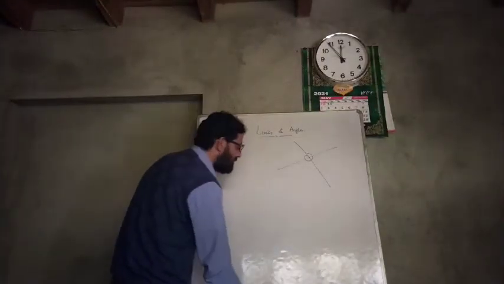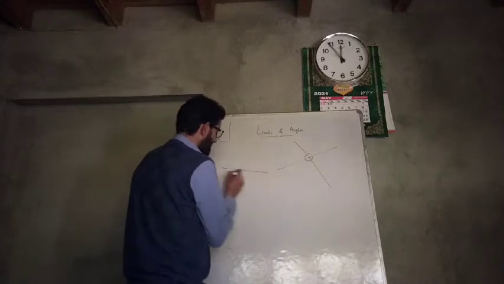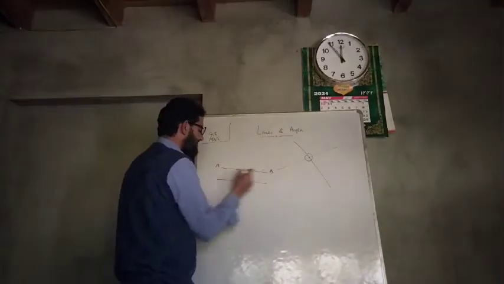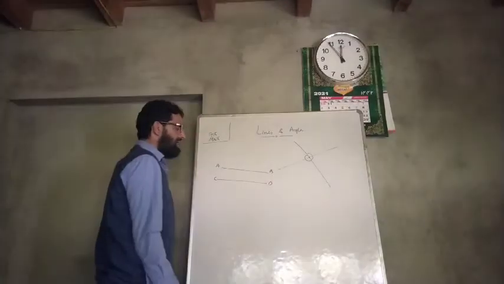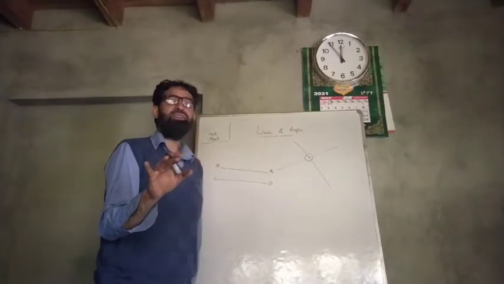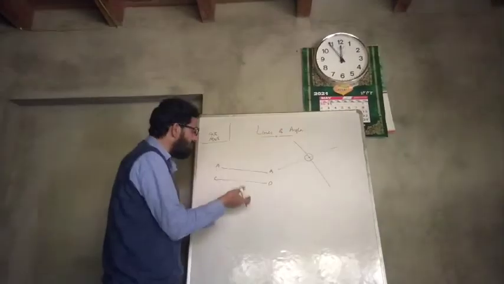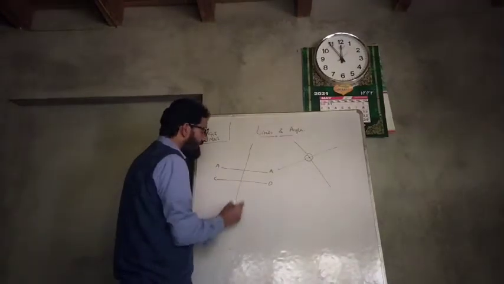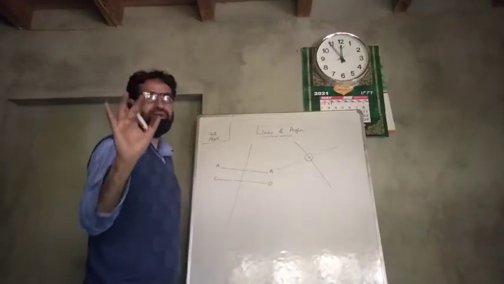Similarly, there are many other angles. Suppose AB and CD are parallel lines. What are parallel lines? Parallel lines are lines between which the distance remains constant. That means they do not intersect at any point.